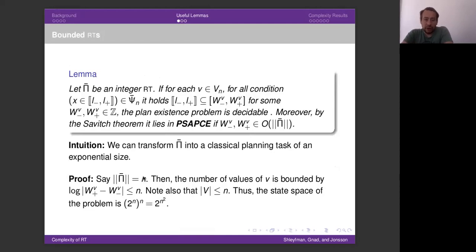If all our intervals are compact, which means nothing goes to infinity, our whole search space is finite, and if it is finite, plan existence is decidable. Moreover, if we can bound the number of bits on the numbers that represent each interval, by the Savitch theorem, we land in PSPACE, which is nice. Basically, bounded integer planning is still in PSPACE.